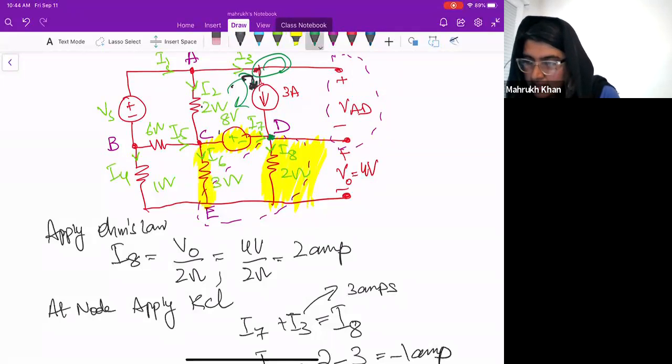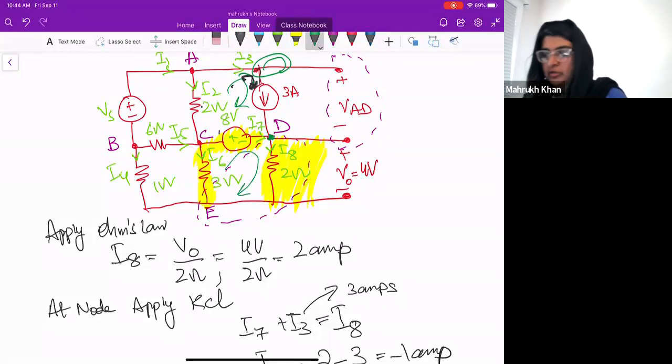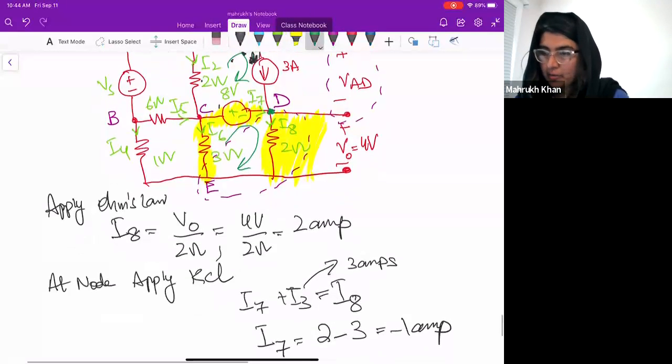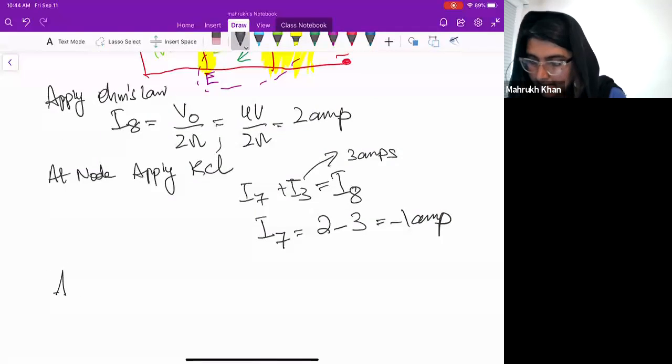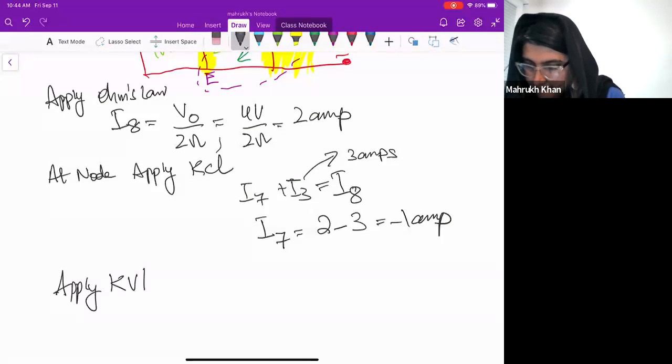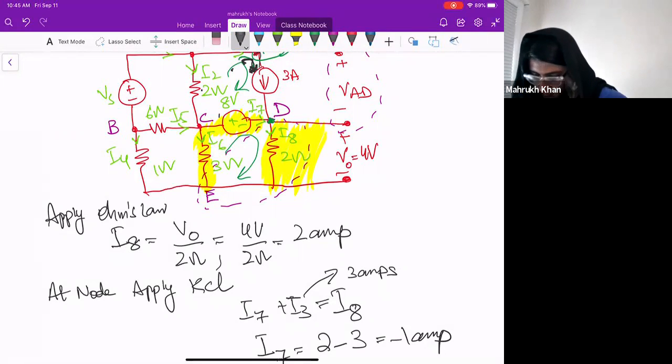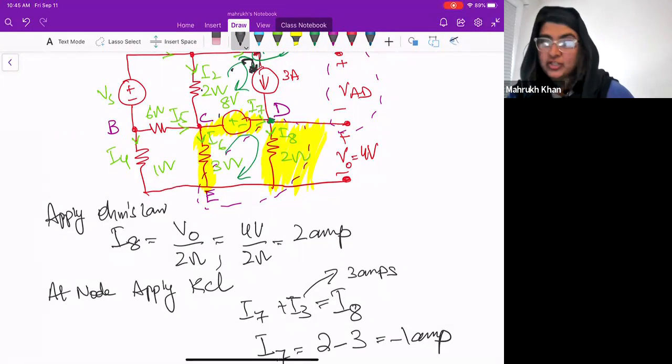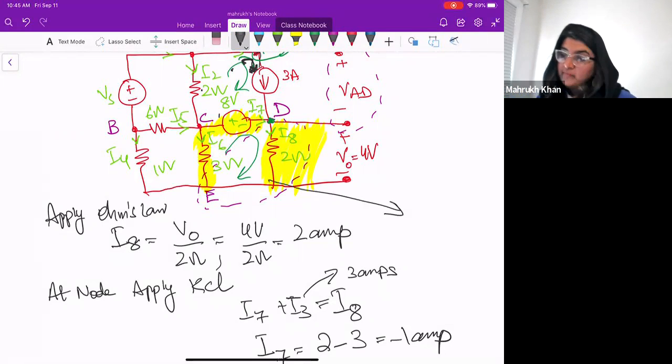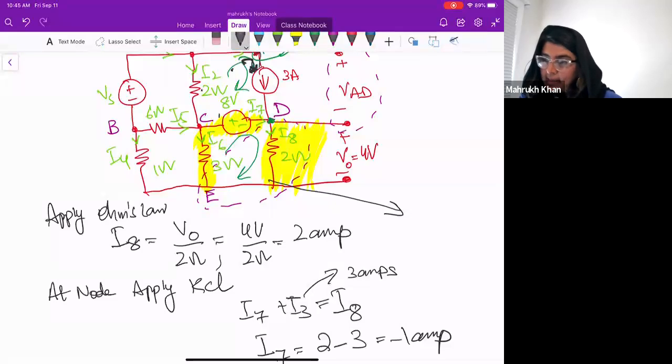So we can apply KVL here to find it. Just looking at this loop in terms of voltages, VCE, VCD, and VDE, can you write the equation? It's okay if you mess up. I'm just trying to find VCE because I know VDE and I know VCD.